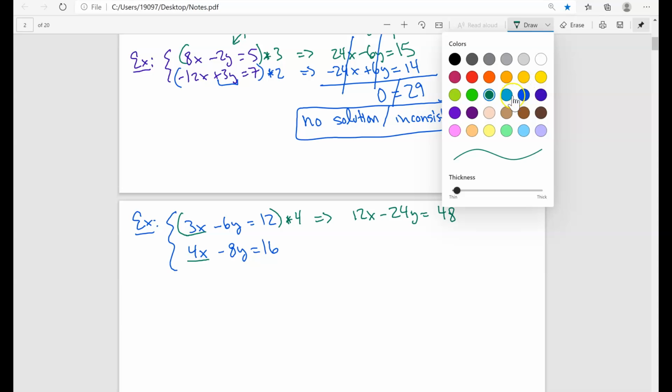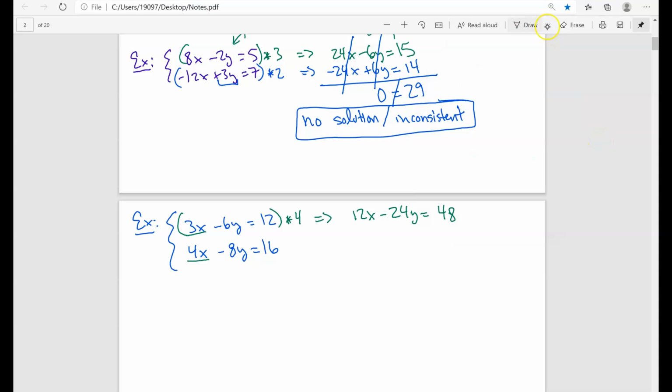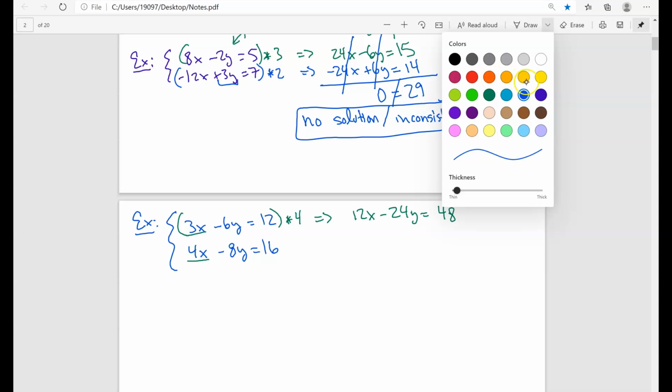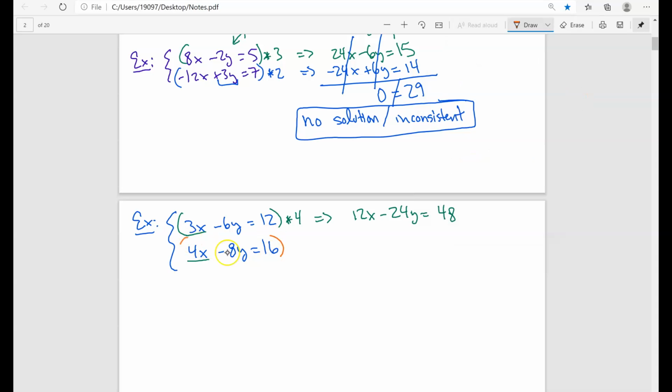And in the second one, you can see that I can get the other guy by multiplying this by 3. But notice that if I multiply it by 3, I'm just going to get 12 again. And that's not going to cancel out. So instead, I'm going to multiply it by a negative 3. So I'm going to get negative 12x, then a positive 24y, and then 16 times 3 is going to give me negative 48.